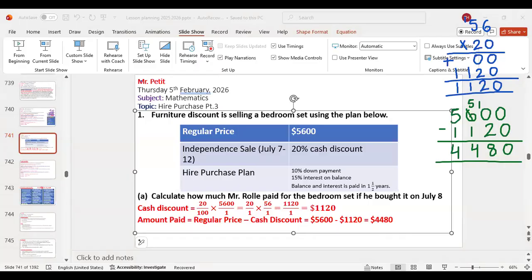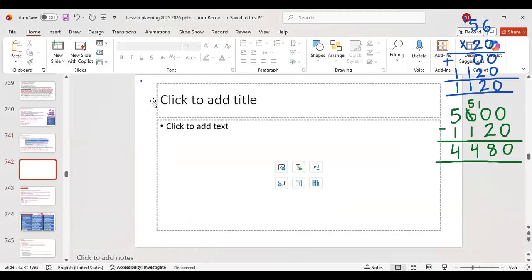If he paid for it in cash, then obviously he would have paid 4,480. But let's say that he used the hire purchase plan. If he used the hire purchase plan, then we have a whole different scenario. So let's go ahead and do that part. We're going to consider the situation when he used the hire purchase plan.